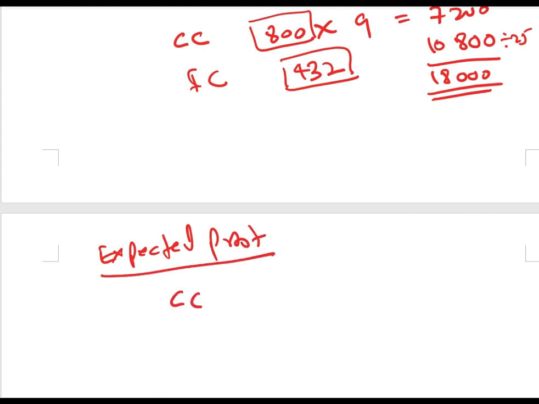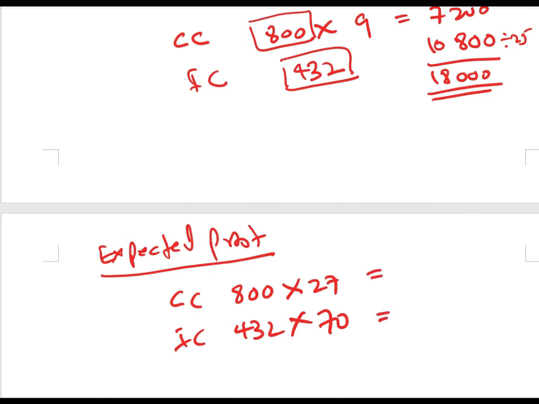For CC, we are producing 800. The contribution per unit is 27. For IC, we're going to produce 432, and the contribution is 70.